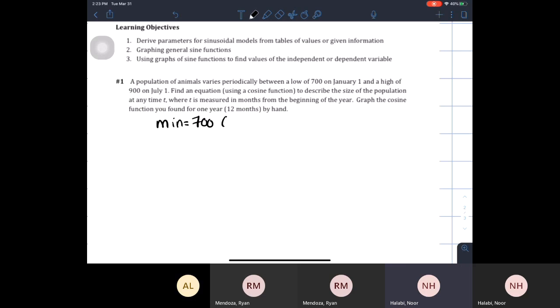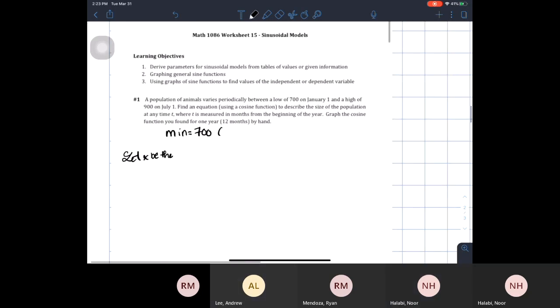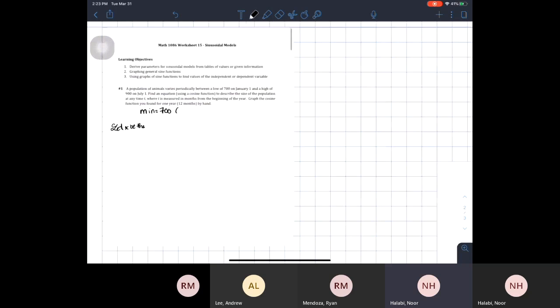What should we call the variable x? Let's just call it x. Let x be the month.